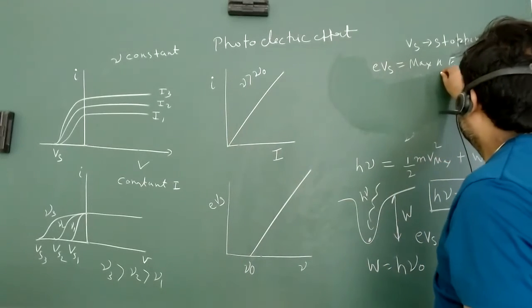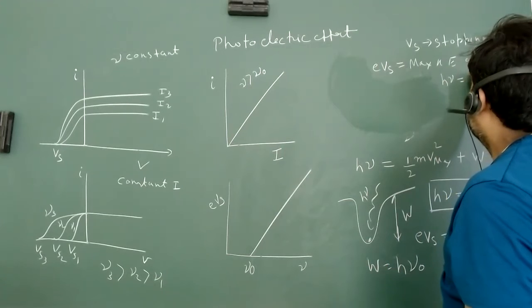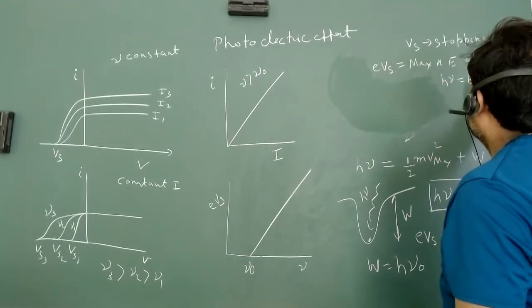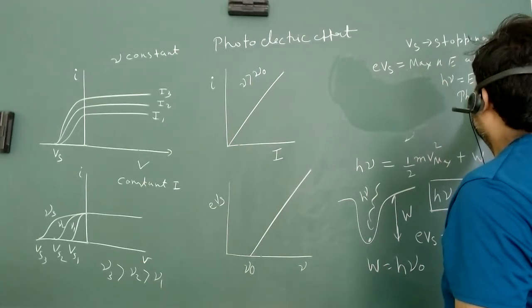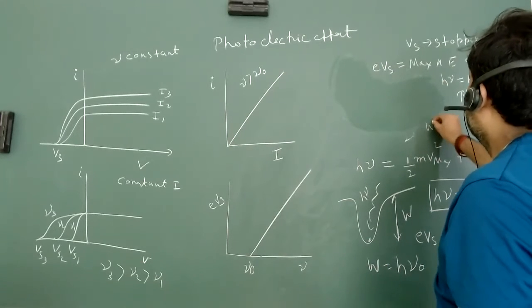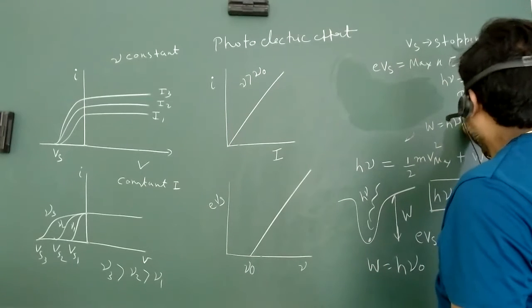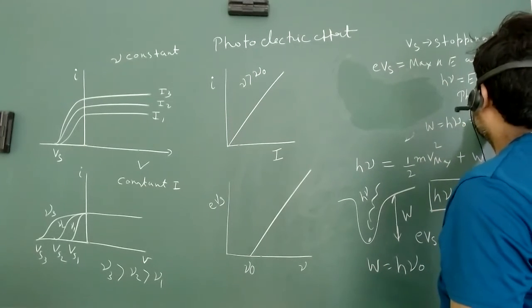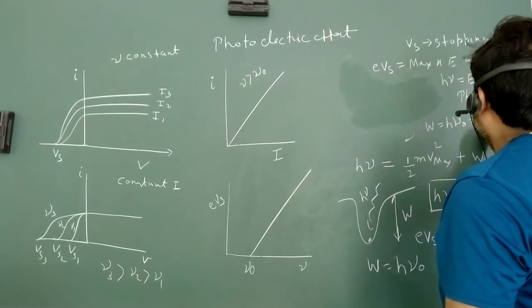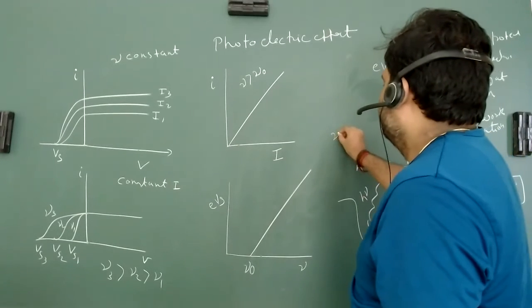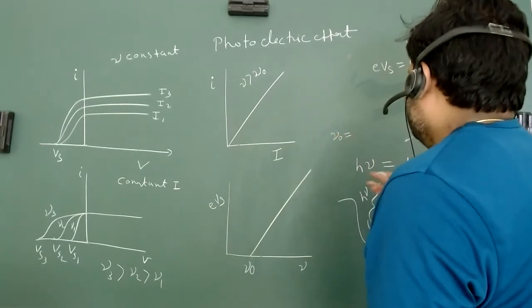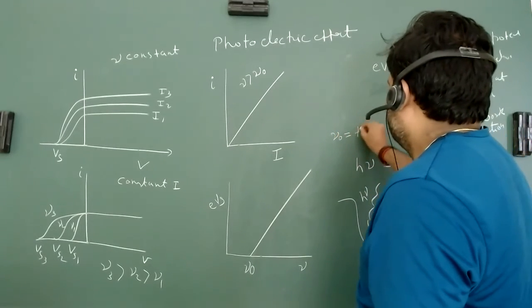So h nu is the energy of a photon, and W is equal to h nu naught, which will be the work function, and nu naught is basically known as the threshold frequency.